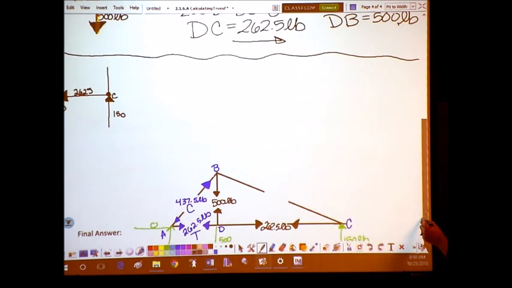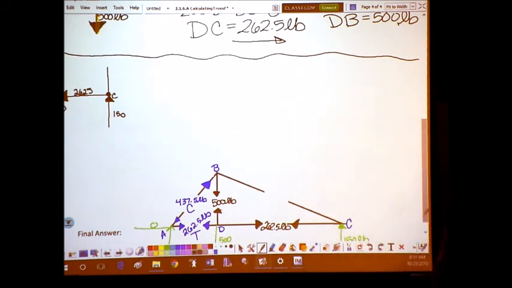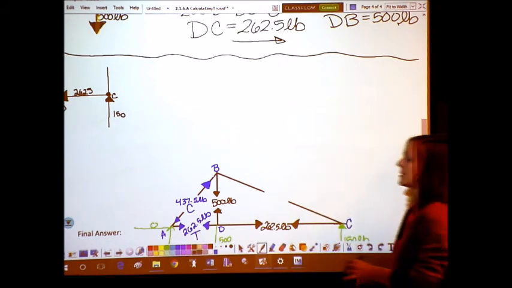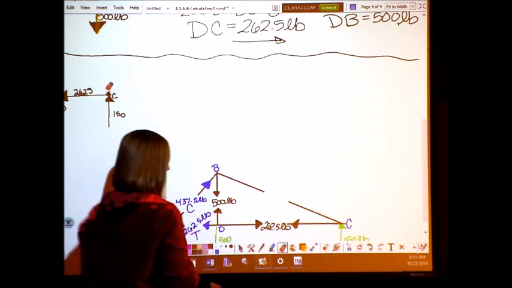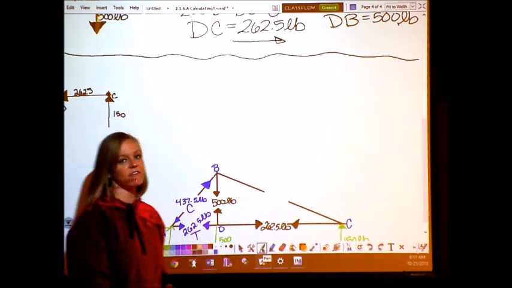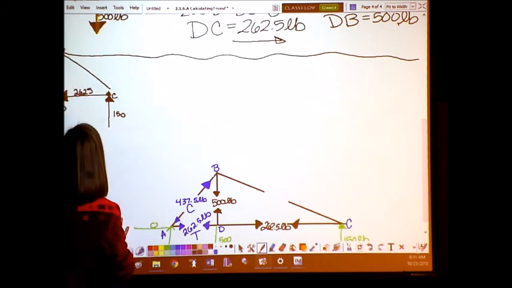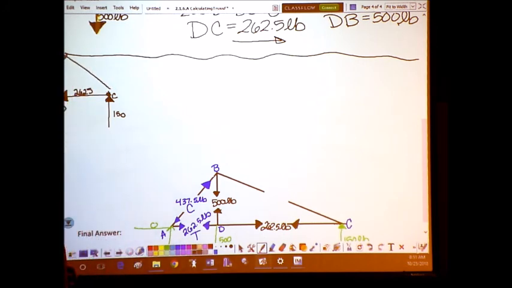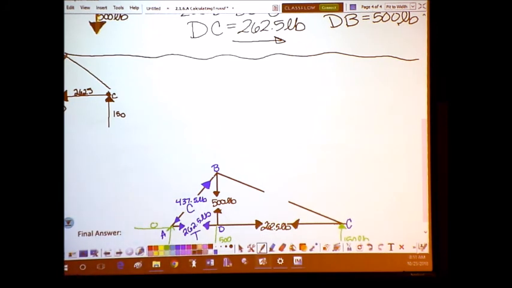Does C have anything going straight up and down yet? No. C has nothing going straight up from it, does it? So maybe I'll erase that. But what else does C have? It has a diagonal going up to B, and we don't know how big that diagonal is.